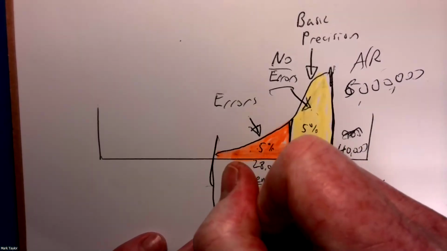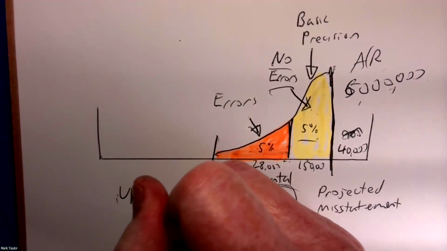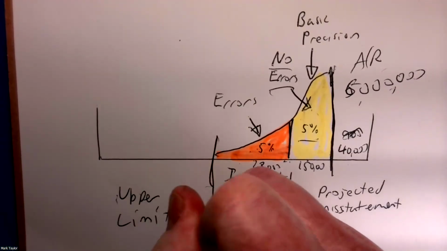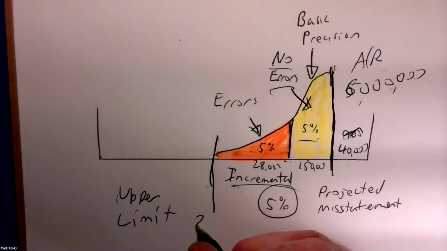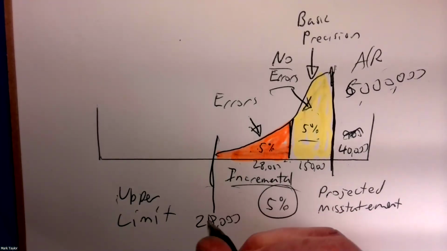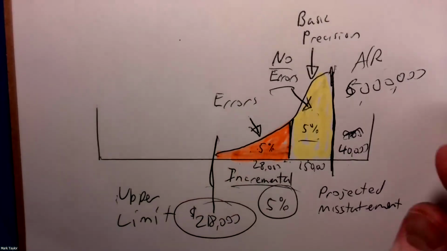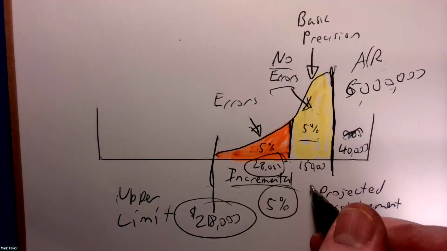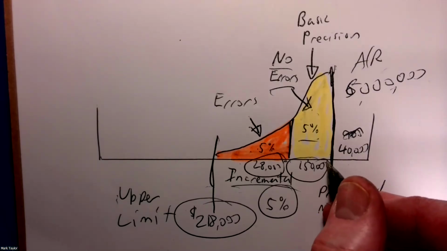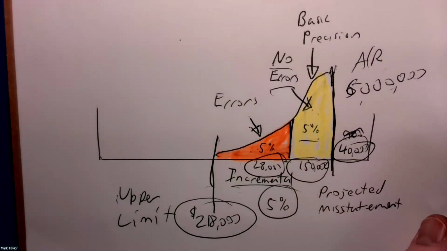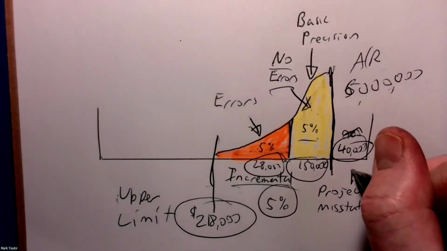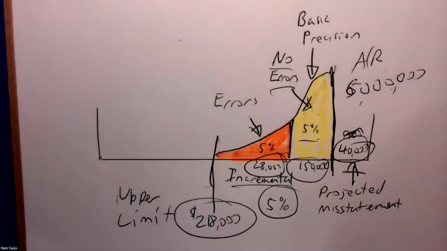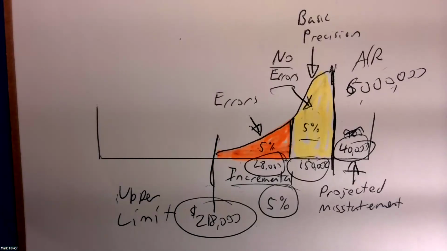So what we're saying is the upper limit is the 40 plus that, which is 218,000. $28,000, $150,000, and $40,000. So this is the projected mistake. We didn't get the projected mistake.